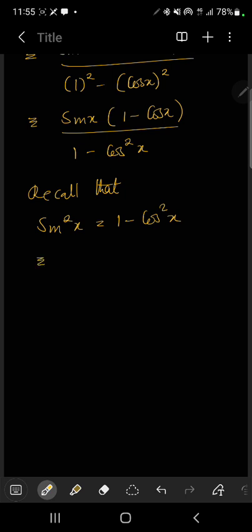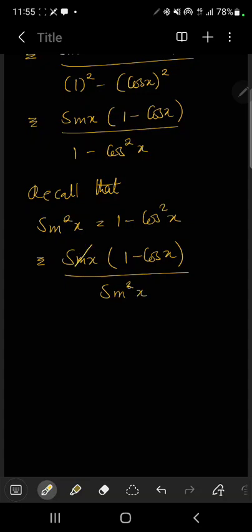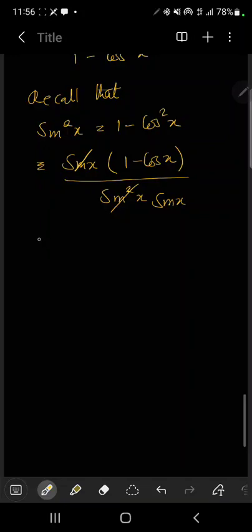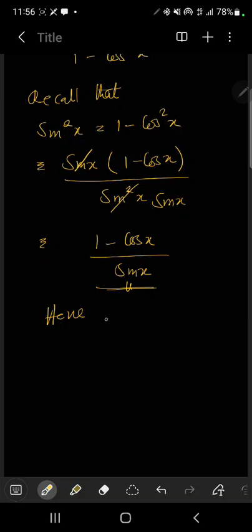So this becomes sin x times 1 minus cos x over sin squared x. One sin x in the numerator and one in the denominator cancel, and we are left with 1 minus cos x over sin x, hence proved.